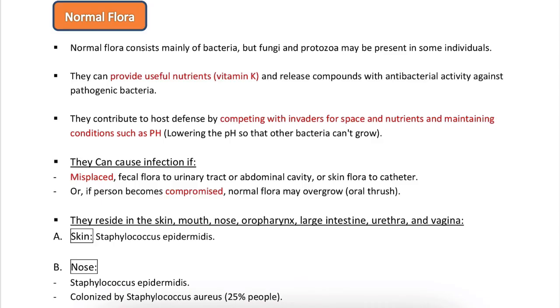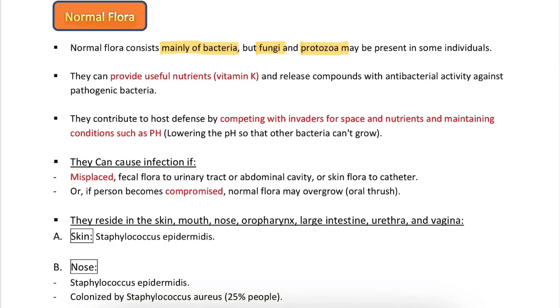Okay, so first of all, what is normal flora? Normal flora means, or you can say, microbiota. The normal flora refers to the collection of microorganisms. Mainly it consists of bacteria, fungi and protozoa, which may be present in some individuals.